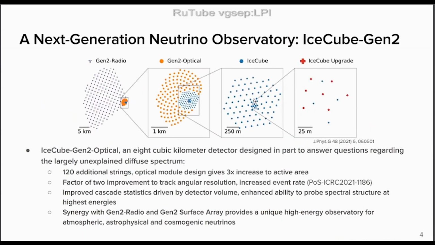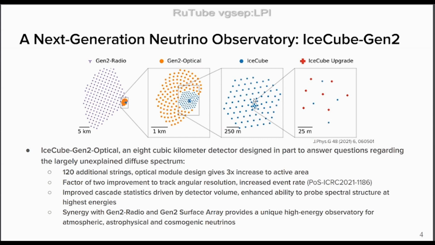Okay, so this brings us to IceCube-Gen2. This has really been motivated by trying to further understand point source science and neutrino astronomy. But in addition to this, many of the features that this detector offers are also beneficial for study of the diffuse spectrum, so beyond point source science. In general, this is an 8 cubic kilometer detector, going up about an order of magnitude in size and volume.